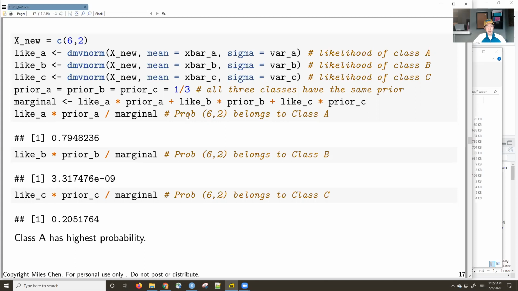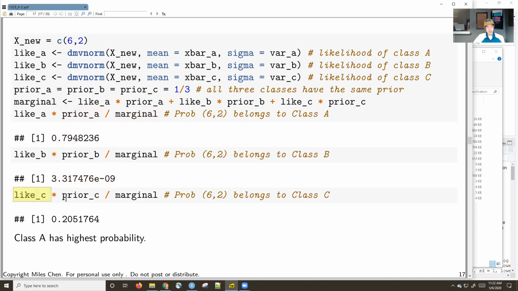The probability that 6,2 belongs to class A, if I do the likelihood times the prior divided by the marginal, I get something around 80%. Okay, 79.48%. The probability that it belongs to class B is on the order of 10 to the negative 9, so very highly unlikely.